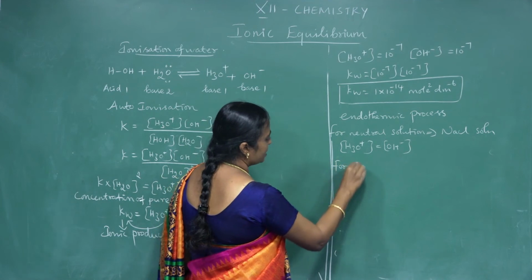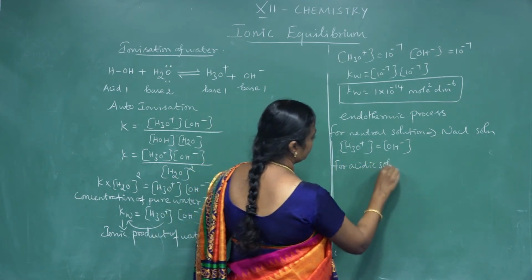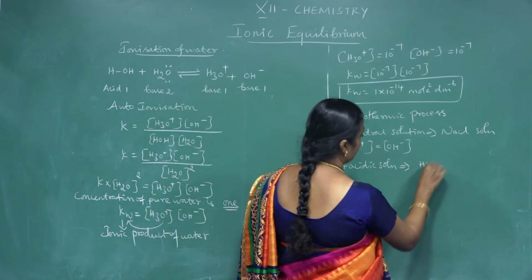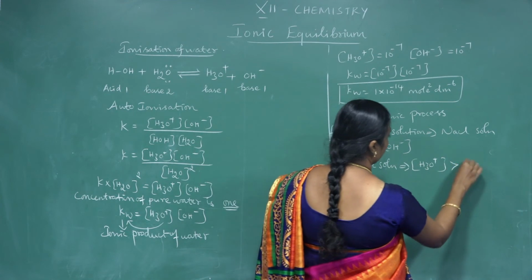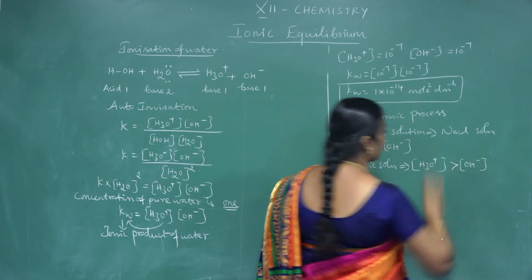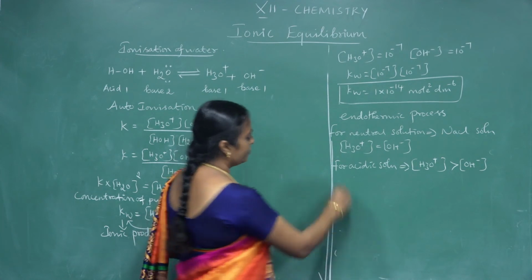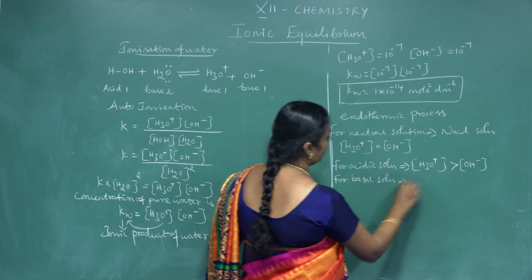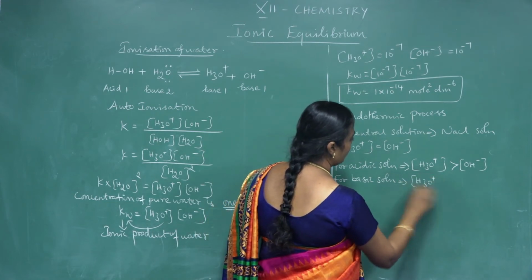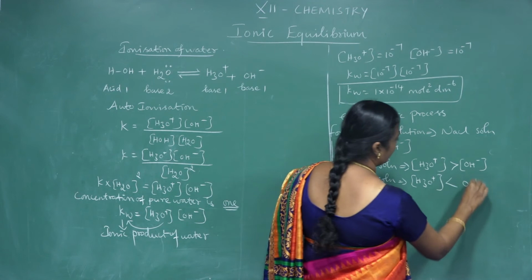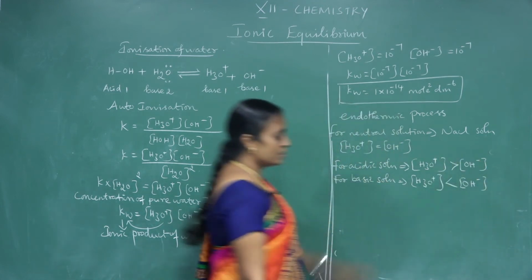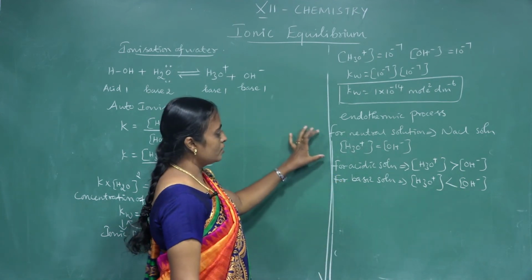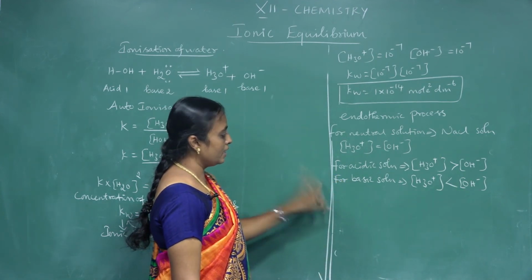For acidic solution, the concentration of hydronium ion will be greater than the concentration of hydroxyl ion. In the same way, for basic solution, the concentration of H3O plus is less than hydroxyl ion concentration, because the concentration of base should be high. Okay, so neutral solution, acidic solution and basic solution.